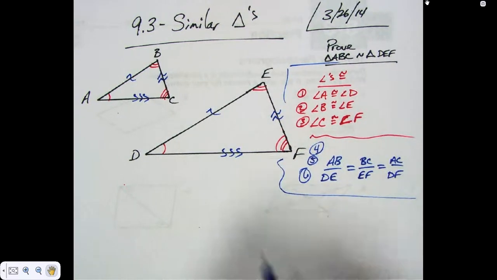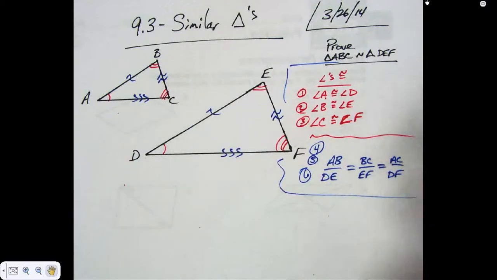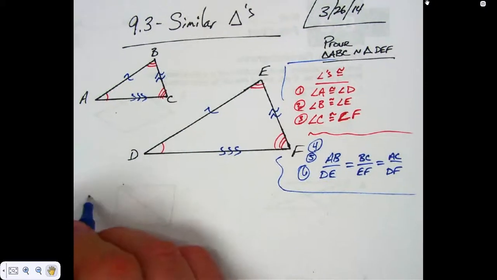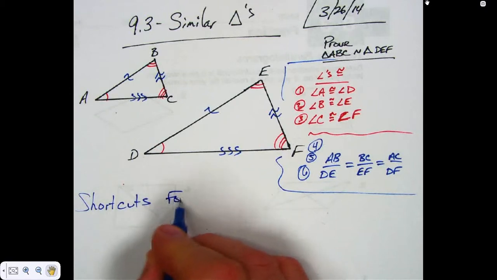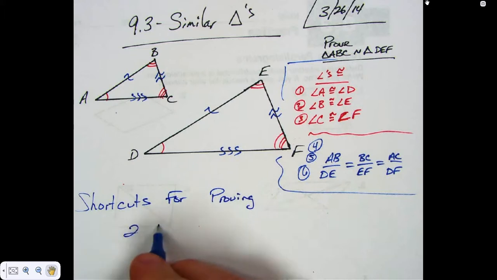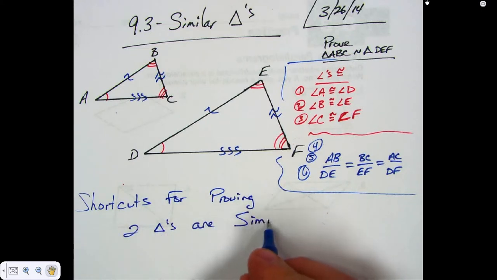Or that maybe if the ratio of these two were the same and maybe two angles, that would work. Well, it turns out there are shortcuts for proving two triangles are similar.